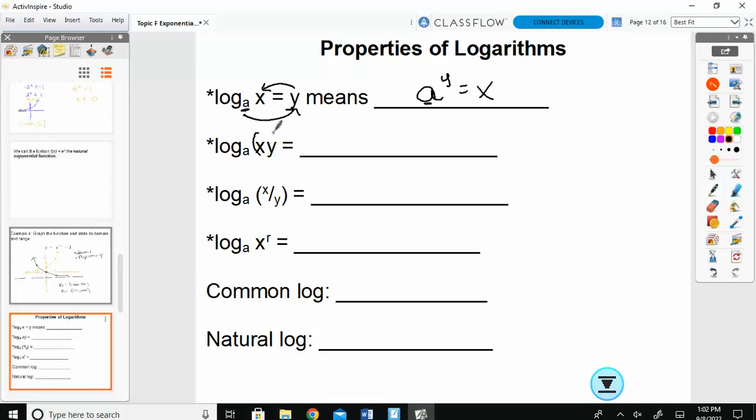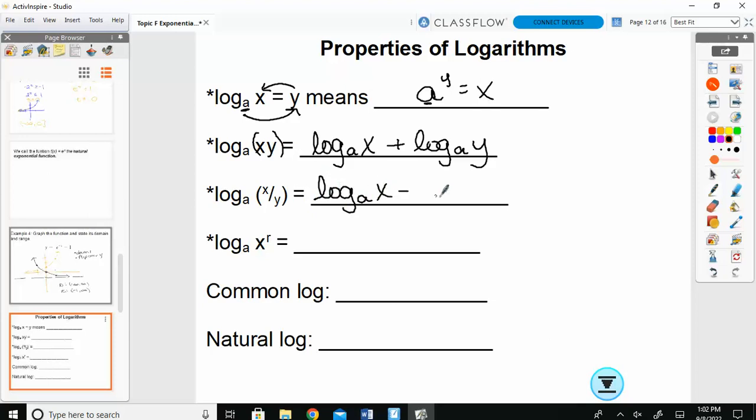Properties of logs. If you have a log of two things multiplied together, how do we break those apart? If you have a log of things being divided, what do you do?